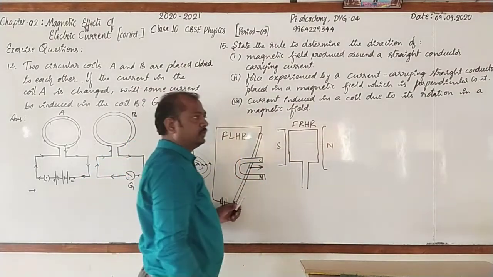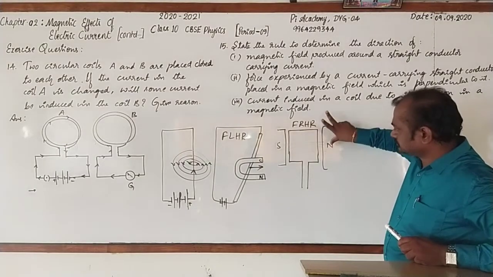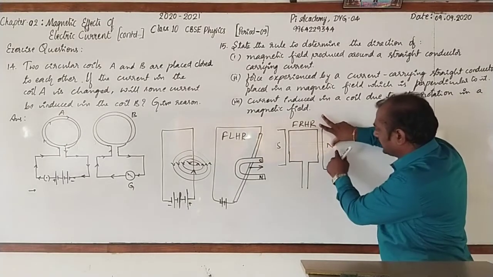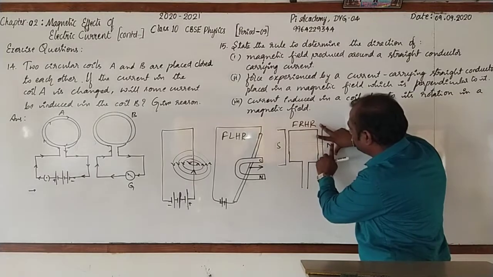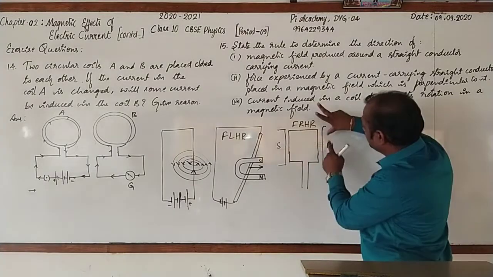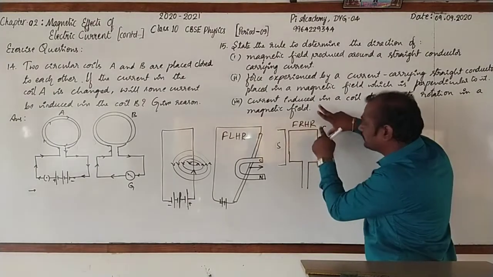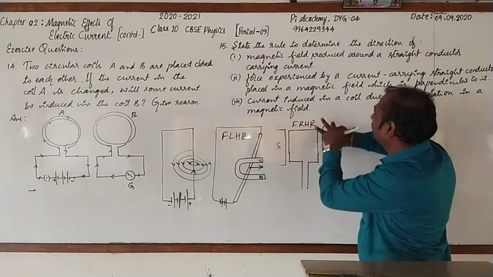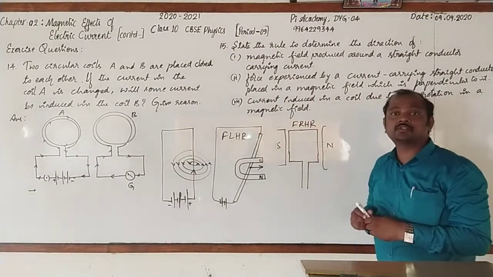According to this rule, look here. See, according to this rule, the forefinger indicates the direction of field lines. Then the thumb indicates the direction of motion of the coil. Then the middle finger indicates the direction of induced current.